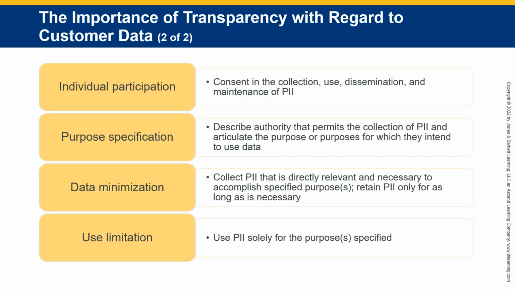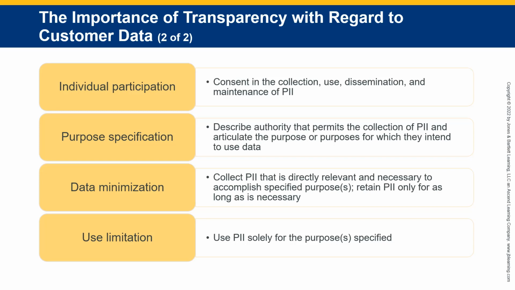The importance of transparency with regard to customer data. Individual participation: consent in the collection, use, dissemination, and maintenance of PII. Purpose specification. Describe the authority that permits the collection of PII and articulate the purpose or purposes for which they intend to use the data.